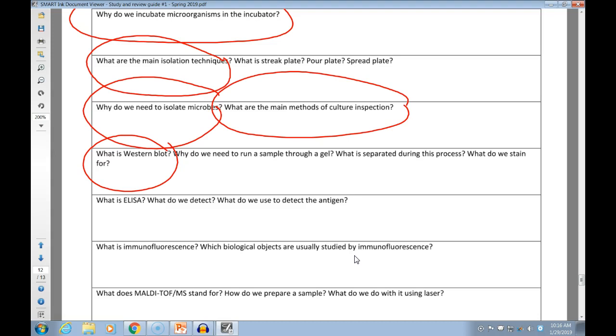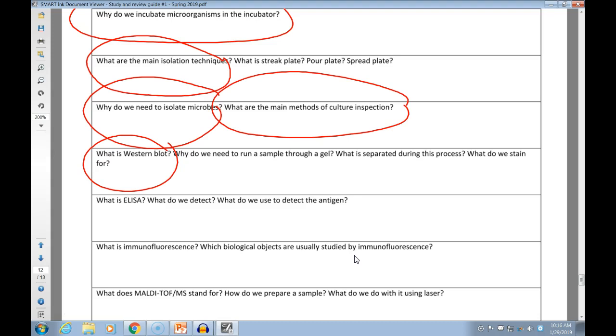We identify a unique DNA fragment that belongs to a certain species using primers and amplification: PCR. We use a laser beam to ionize a fragment and separate fragments based on mass to charge ratio: mass spec, MALDI-TOF. Does that make sense?